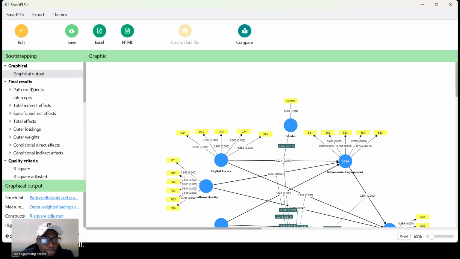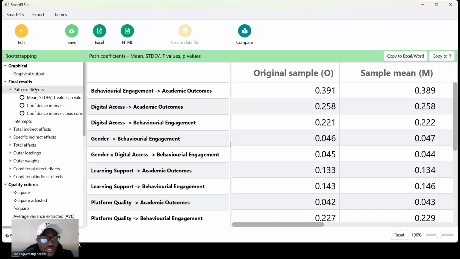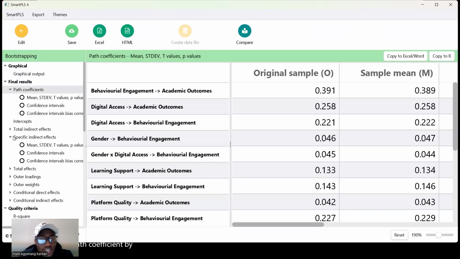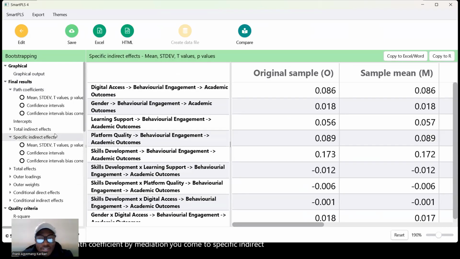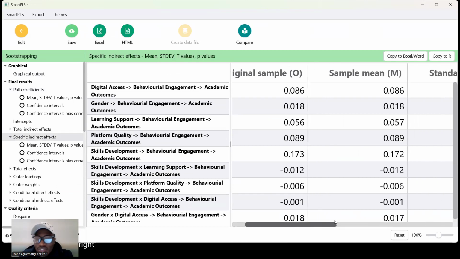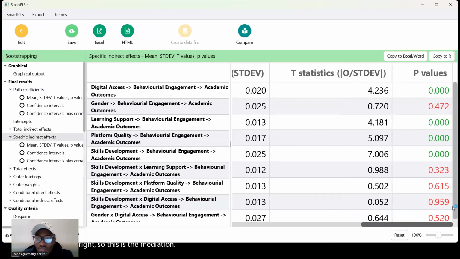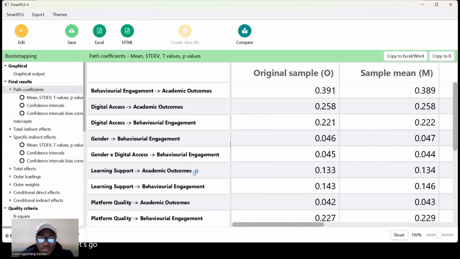With moderation, you can find it in the path coefficient, but with the mediation, you come to specific indirect effect. All right, so this is the mediation. Okay, so now let's go to the moderation and check.